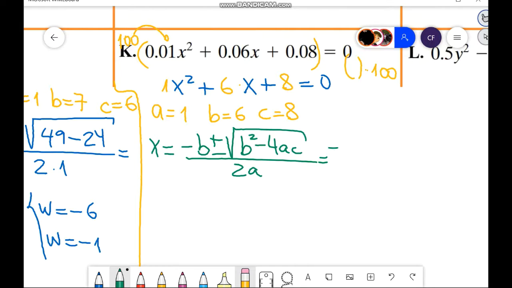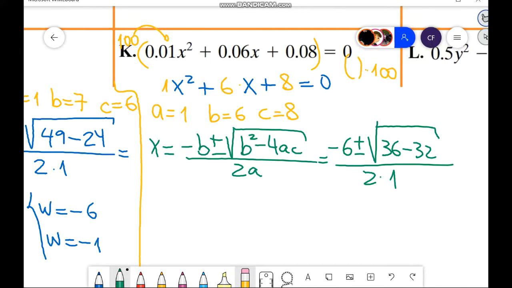B is 6, negative 6 plus or minus square root 6 squared, 36, minus 4 times a, 4 times 8, 32, over 2 times 1. The answer at the end, you will have x equals negative 4 and negative 2.